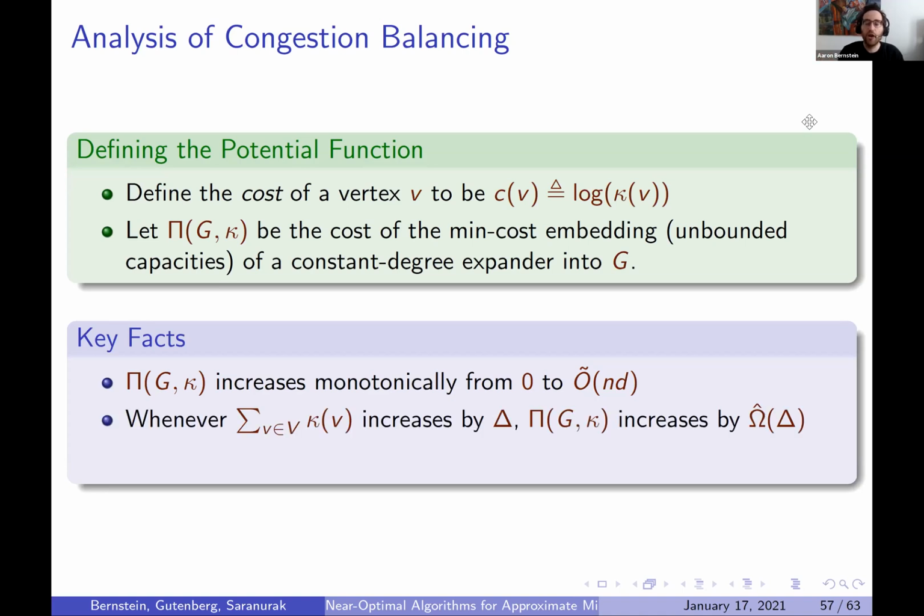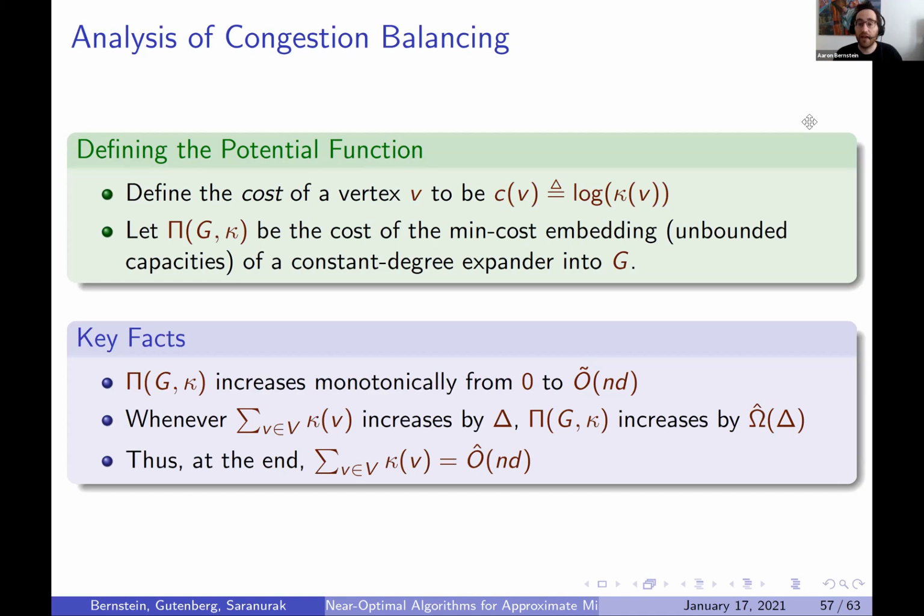So whenever your algorithm increases capacities, that's also going to increase the costs in the graph, in this potential function graph. And we can show that because the costs increase, the cost of the min cost embedding also increases by the same amount as the capacities increase. And so these two things are totally tethered to each other. So since the potential function is small, the sum of capacities is also small. That's the full detail I will go into.